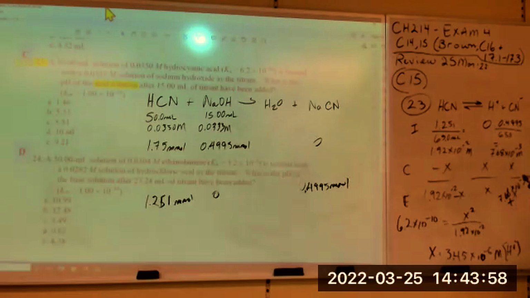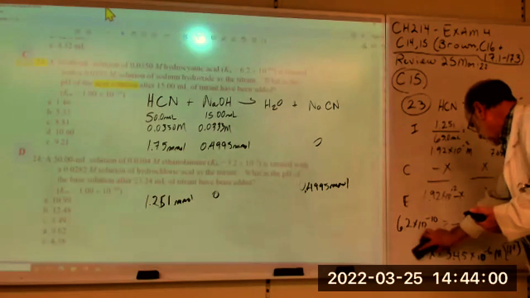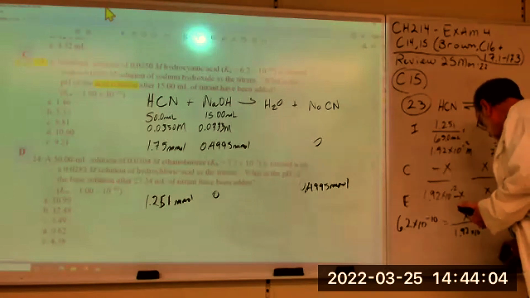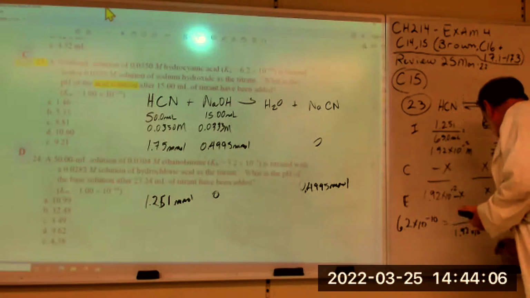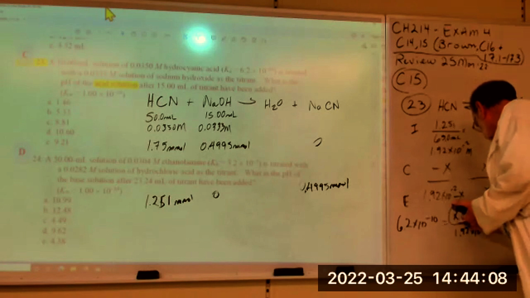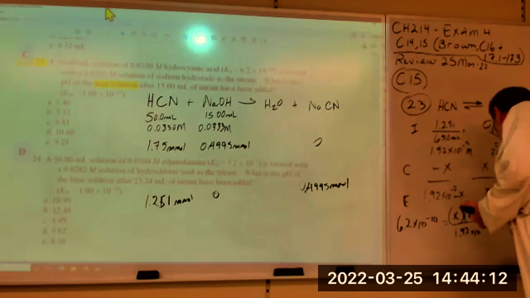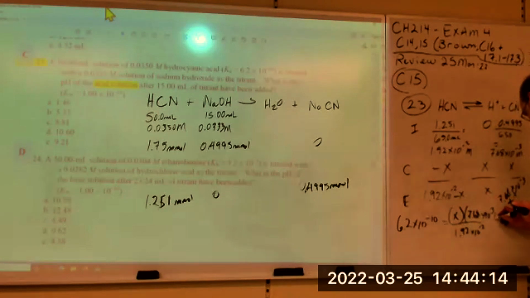That plus that. So it's not X squared. It's X times 7.68 times 10 to the minus 3 plus X.